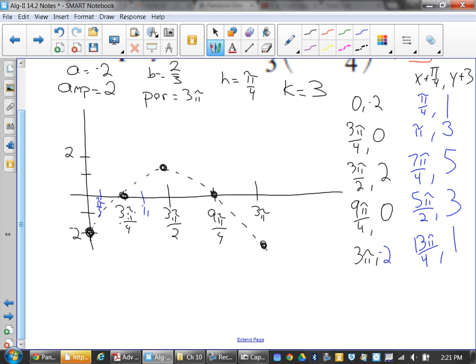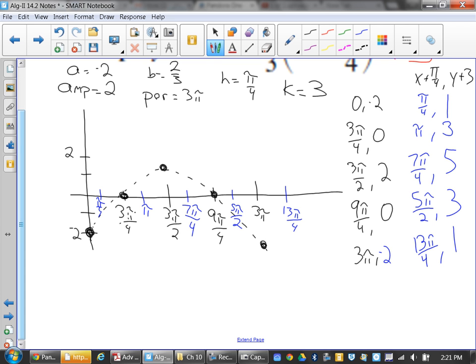It's close enough. Because what you're doing is the actual work of the problem, listing the ordered pair. Here you're just given a visual representation of what you just did. Okay? The work is the ordered pairs. The visual is the graph. And that's why I ask you guys to always list your ordered pairs when you're doing this.